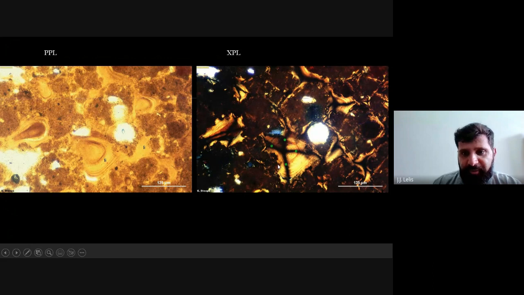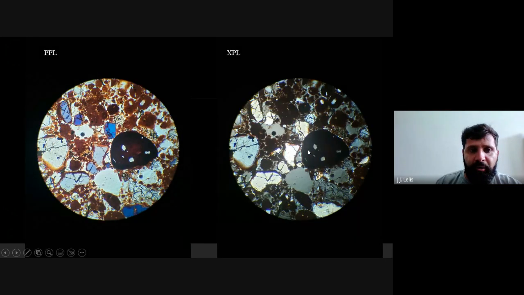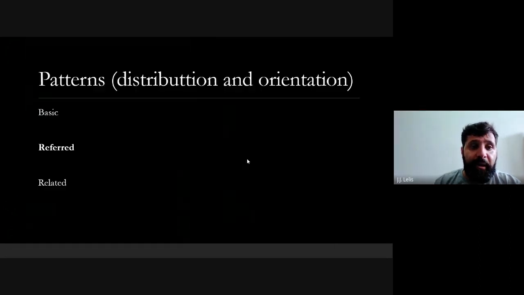So they present this light color, light yellow color, or a random distribution. Like in this case, I can see these crystals that are not oriented with respect to each other. And we have some referent patterns.